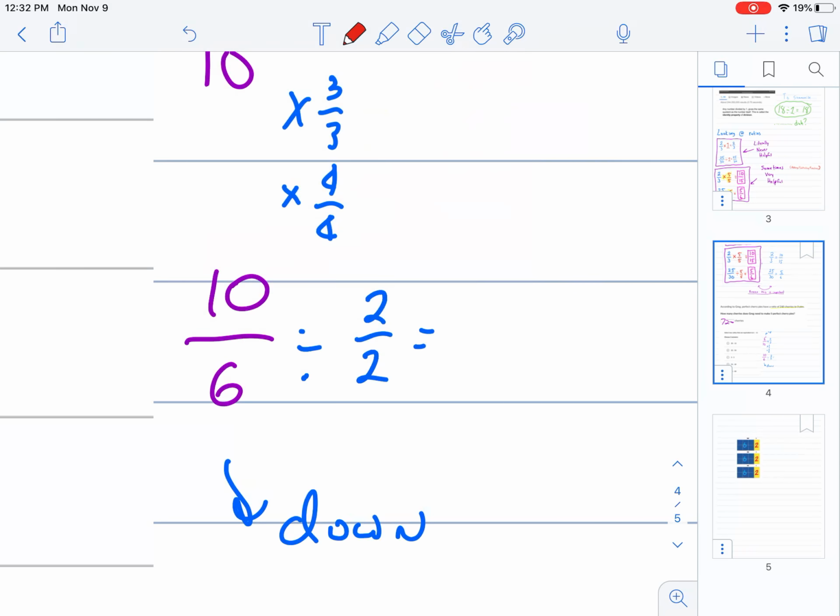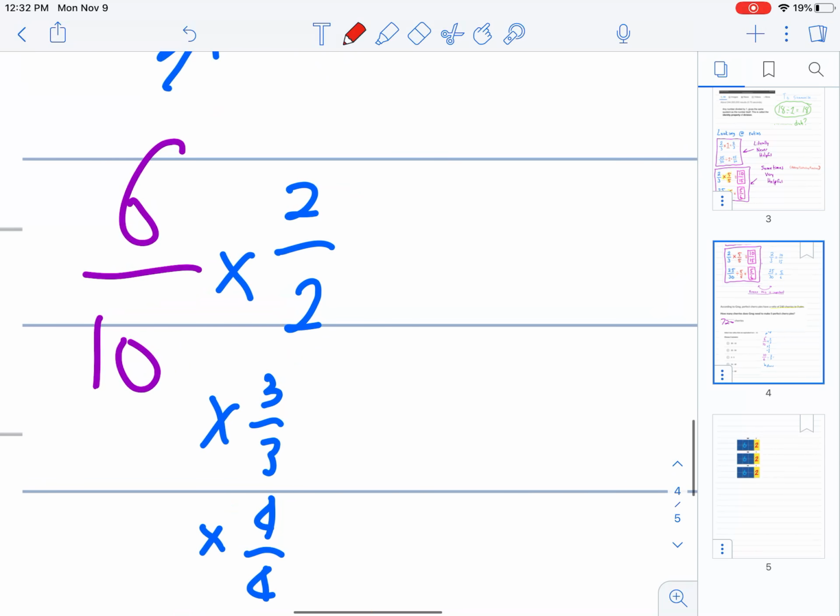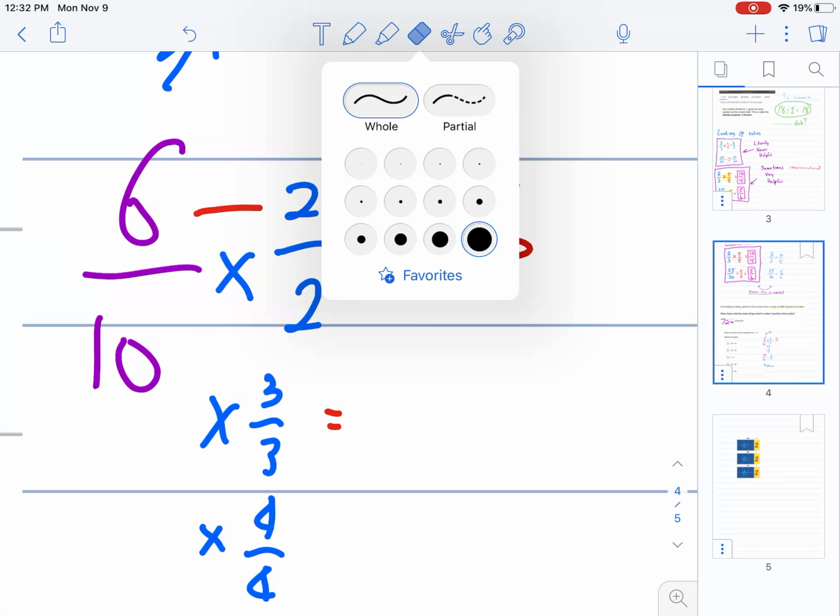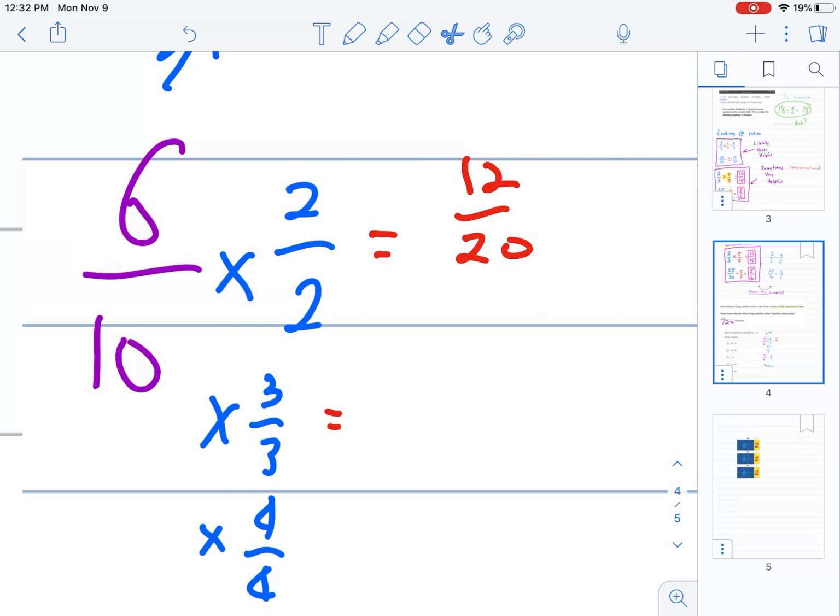So let's see what we end up with here. 6 over 10 times 2 over 2 would be 12 over 20. We're just multiplying these by our common factors. So that's the times 2 over 2.